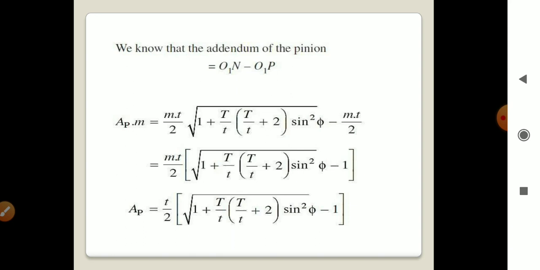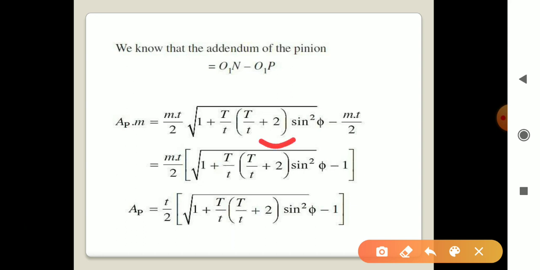Now here small m into t divided by 2 is a common term, so take it common. So it is m into t divided by 2 into bracket under root 1 plus capital T divided by small t into capital T divided by small t plus 2 into sine square of phi, minus 1.